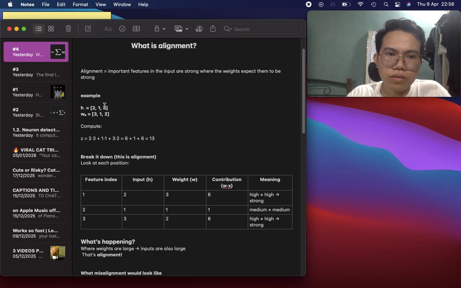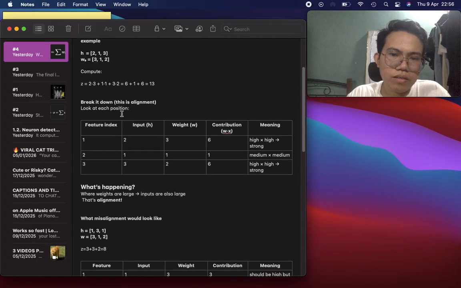This is high, this is low, this is high, and this is high, this is low, this is high. As you can see, they are proportionally equivalent but in a different order.